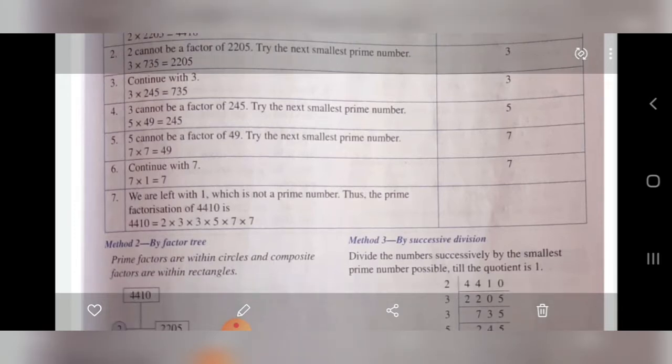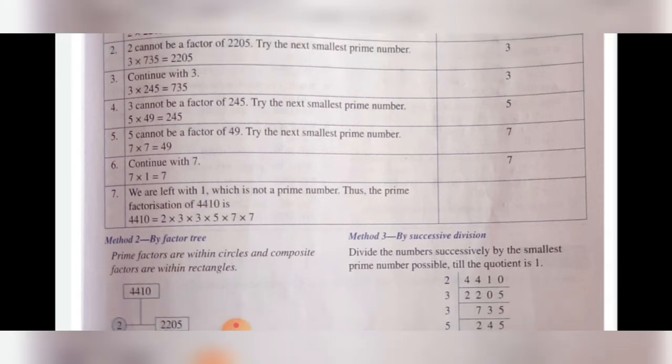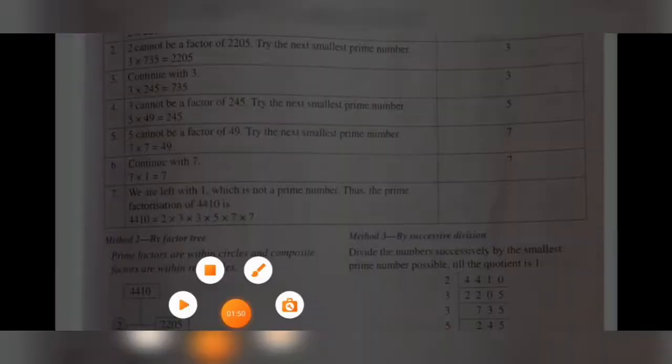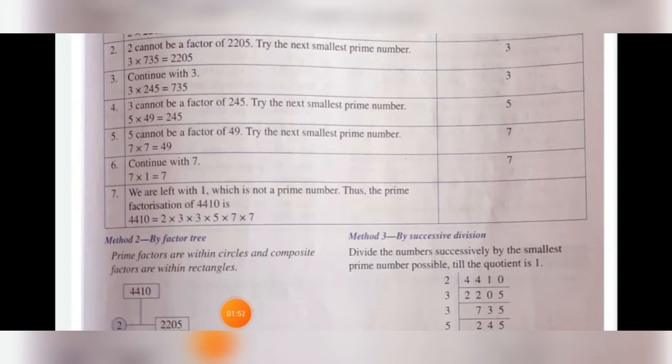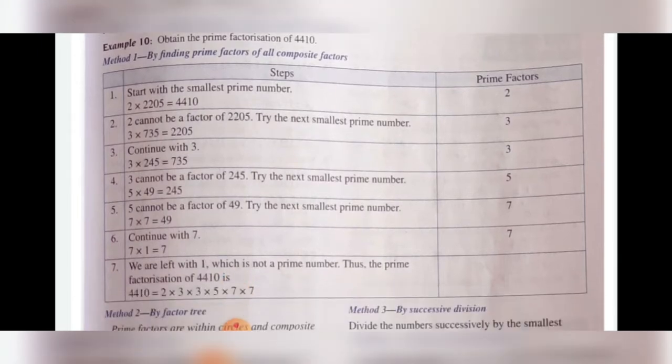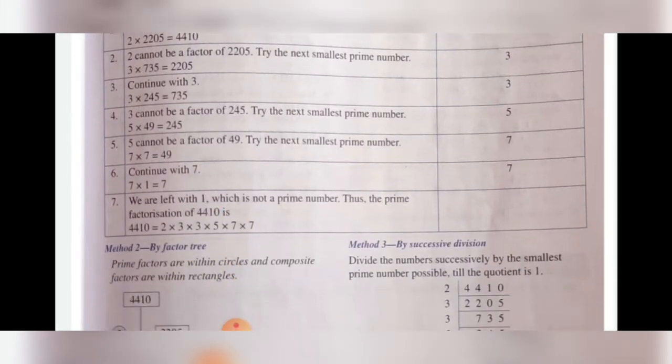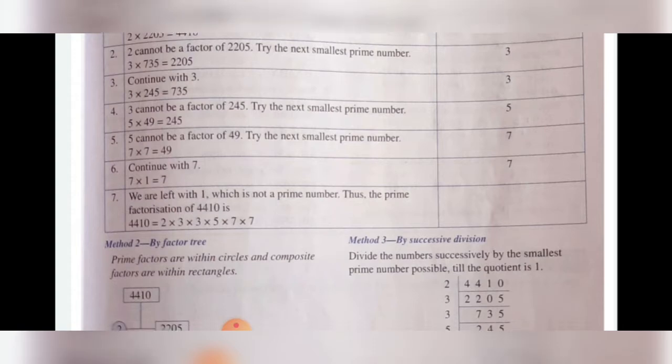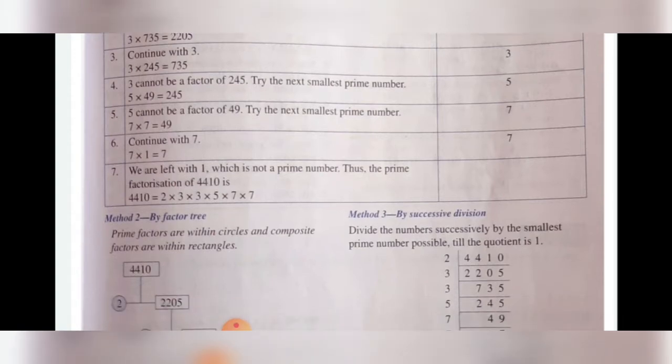See, 7 ones are 7 at the end you got. So at the end, whenever you will get 1, means whatever prime factors you got here in the side, you have to write it together. That is 2 into 3 into 3 into 5 into 7 into 7. So these are your prime factors.